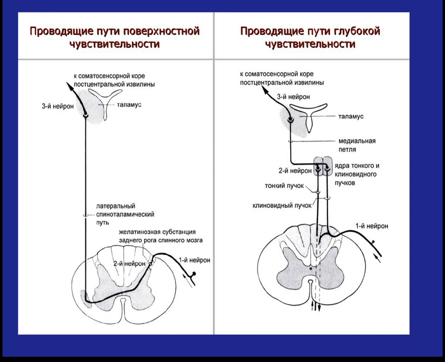So you can see first-order neurons and subcortical neurons lie on the same positions, on the same locations, but second-order neurons have different location. In case of superficial sensation, in posterior horns. In case of deep sensation pathways, Gall and Burdach pathways, in medulla oblongata. Okay.